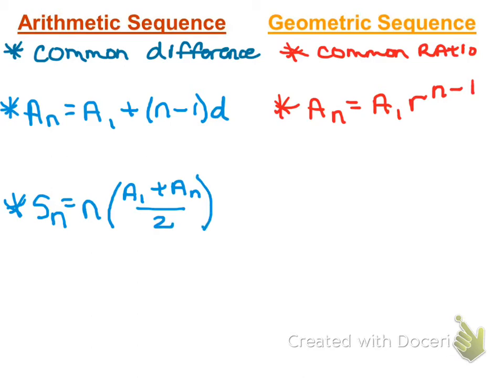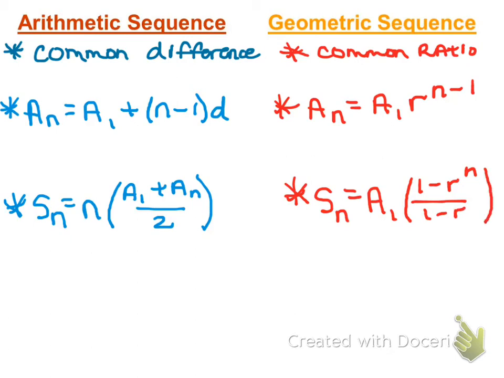But in a geometric sequence, the sum is found by taking the first term, multiplying it times 1 minus the rate to the nth power over 1 minus the rate. Alright, there you have a comparison of arithmetic sequence and geometric sequence.